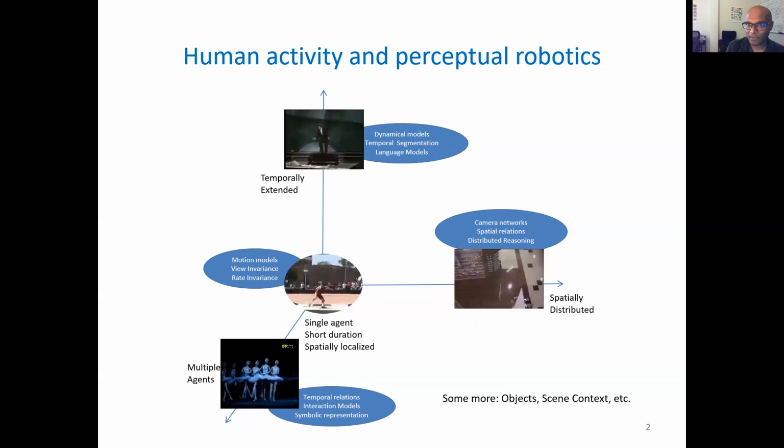At some point, the boundaries are drawn by the sensors that you have. Can you record evidence of the activity of interest through the sensing mechanism that is available to you? And therefore, in different communities, people talk of different categories of human activities depending upon what sensing modality is available for them. In perceptual robotics, typically we talk about video-based sensors, maybe depth sensors once in a while.